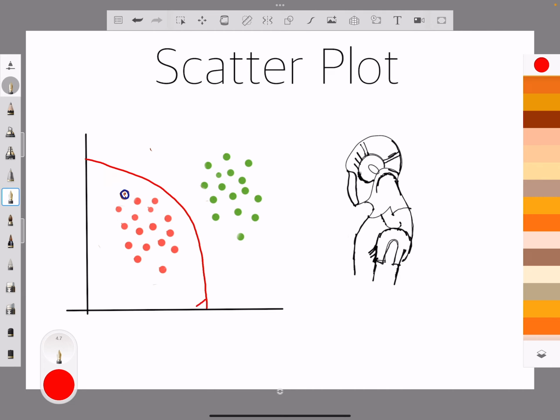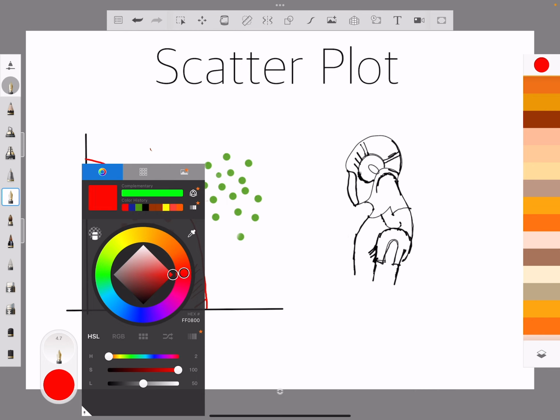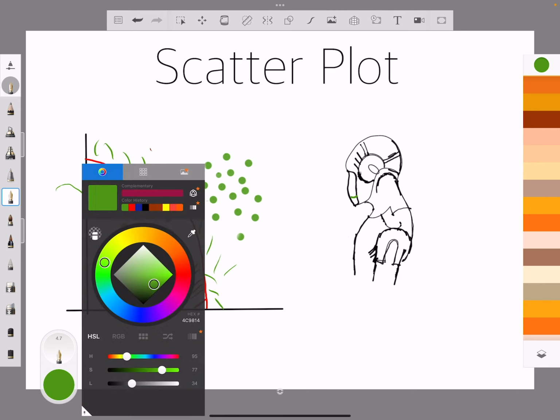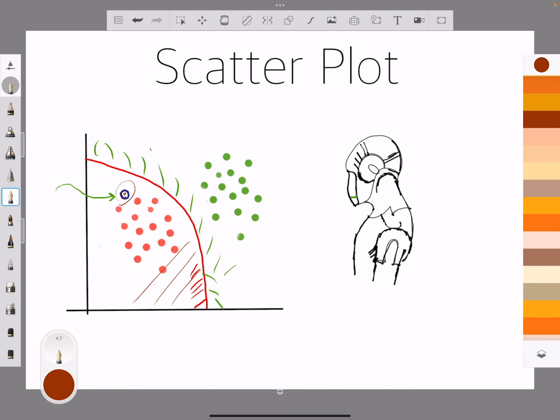On one side, they will predict red circle for every possible data point, whereas on the other side, they predict the opposite concept. So for this data point, it will definitely be in the red region. So the answer will be more like red.